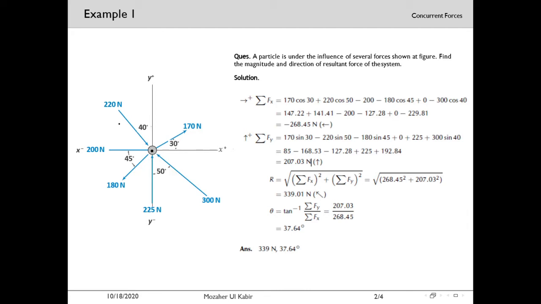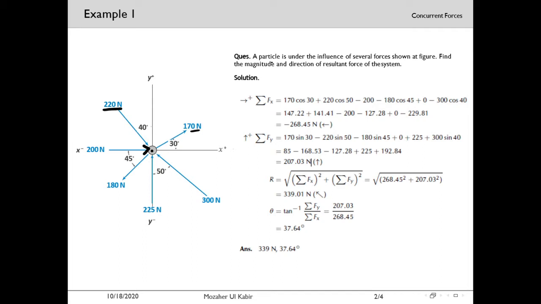We can see 220 Newton, 170 Newton, 200 Newton, 180 Newton, and 225 Newton, 300 Newton. All of the forces are acting through a certain point. So it is an example of concurrent force.